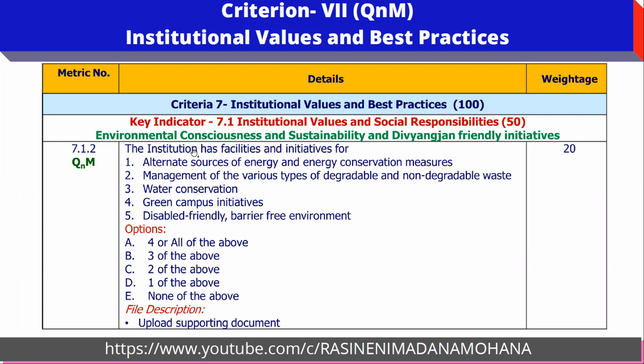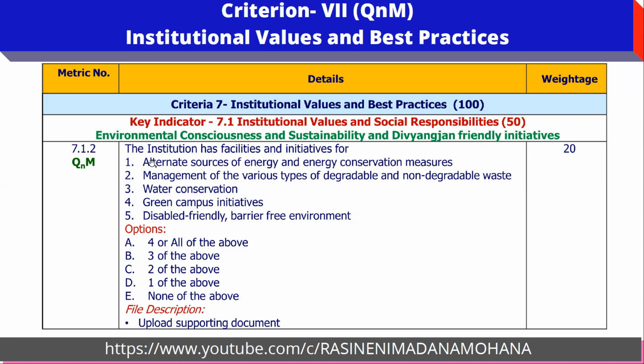The question is, the institution has facilities and initiatives for the following 5 options: alternative sources of energy and energy conservation measures, management of the various types of degradable and non-degradable waste, then water conservation facilities, green campus initiatives, disabled friendly and barrier free environment.